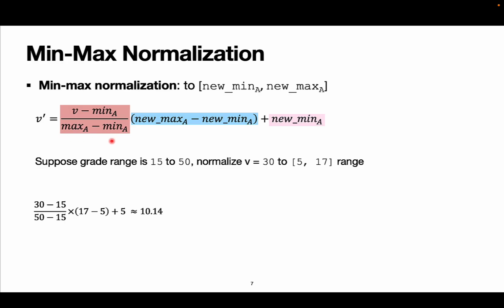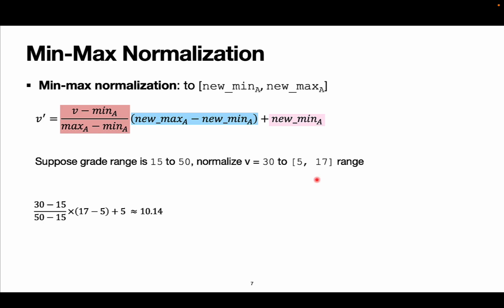This is a ratio that represents where the original value lies inside its own interval. So is it in like the 50%, 25%, 90%? And I'm going to multiply it by the width so I know exactly where this value should be.